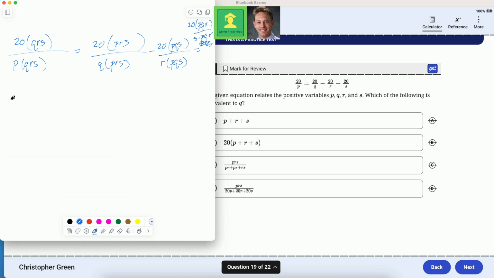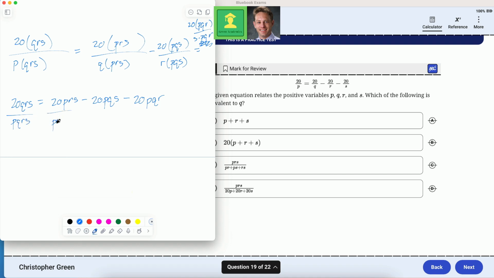So now 20 QRS equals 20 PRS minus 20 PQS minus 20 PQR. And of course, all of these are over PQRS.